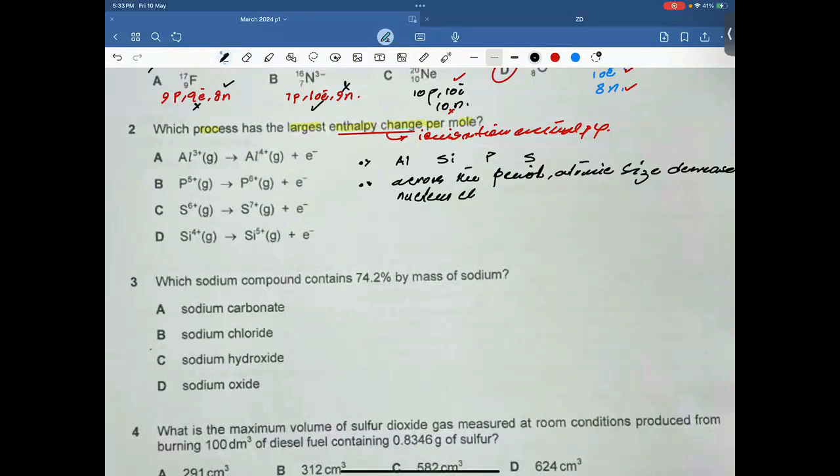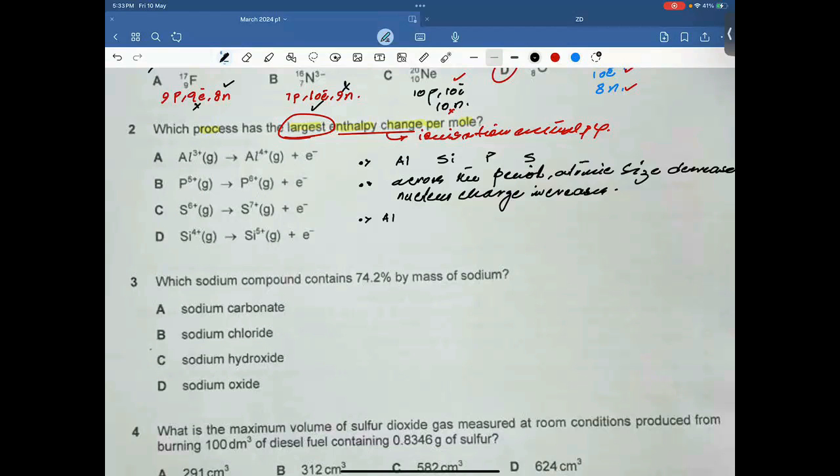So nuclear charge increases, in short, while shielding remains the same. All right. So we are looking for the largest enthalpy change. And for the largest enthalpy change, I think it would be the one which has more proton to electron attraction. Let's find out.